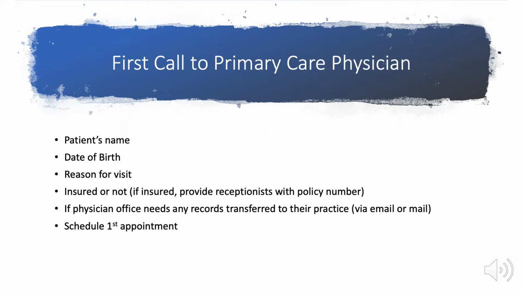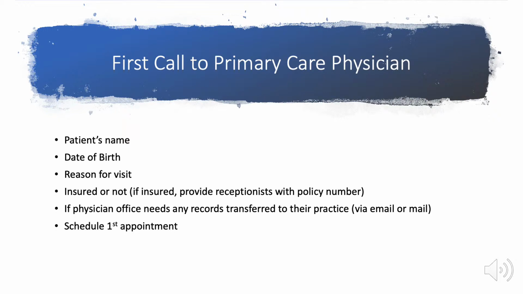When the patient calls the primary care physician to inform the doctor of his concern with having depression, the receptionist will ask for some basic personal information. The information needed for the first call involves the patient's name, date of birth, the reason for the visit, and whether he or she is insured or not. If the patient is insured, the receptionist will collect the policy number.